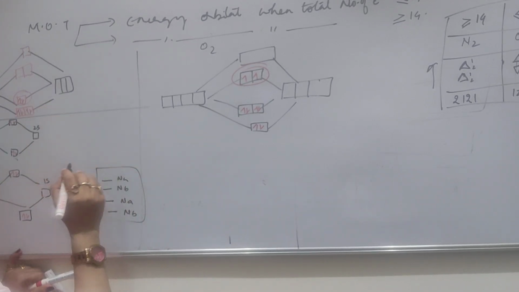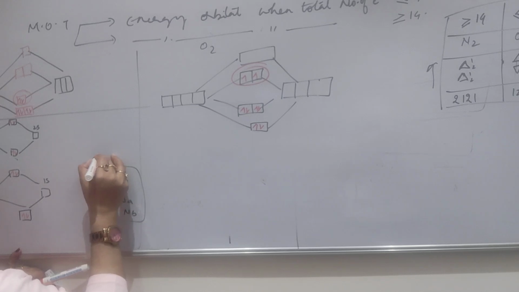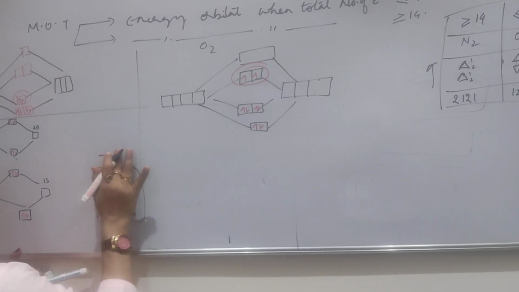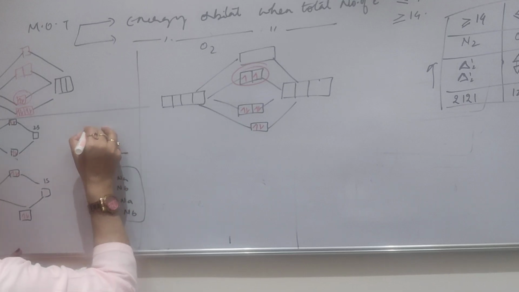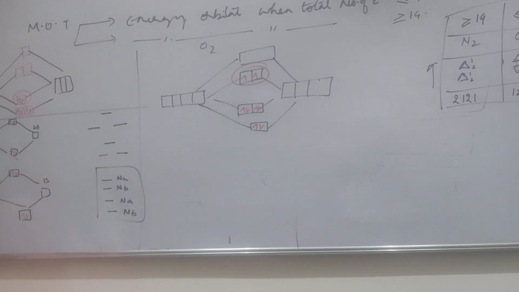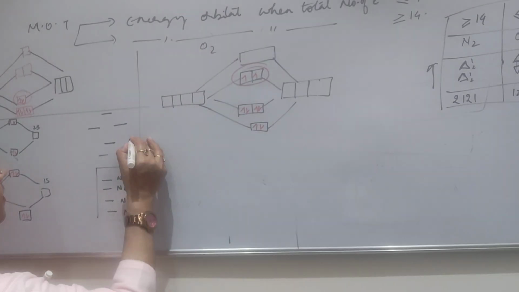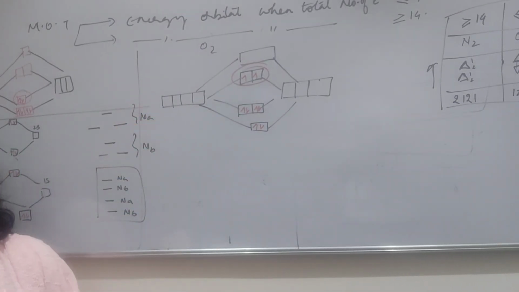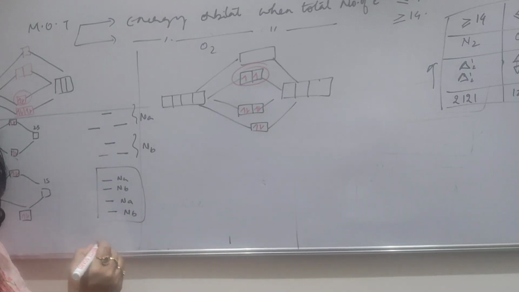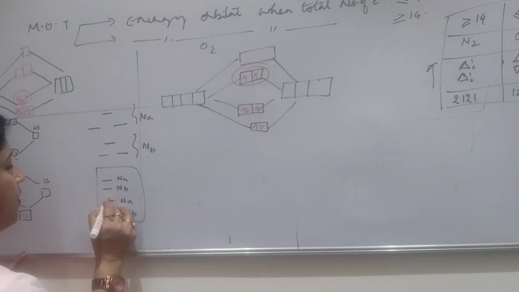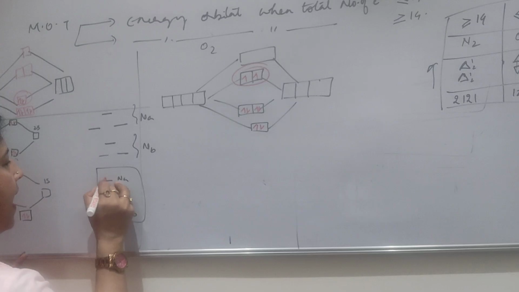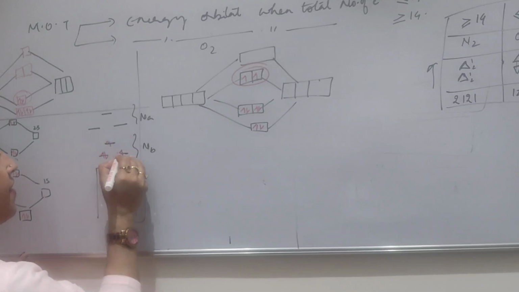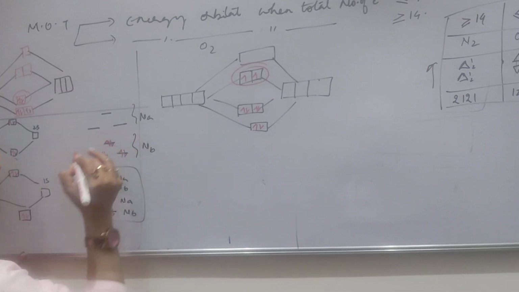Then coming on to the other one, bonding, you have 2, and the 2-1-2-1 pattern. Now this is Nb and this is Na. If you are going to add, this is for the nitrogen molecule, 2, 4, 6, 8, 9, 10, 11, 12, 13, 14.